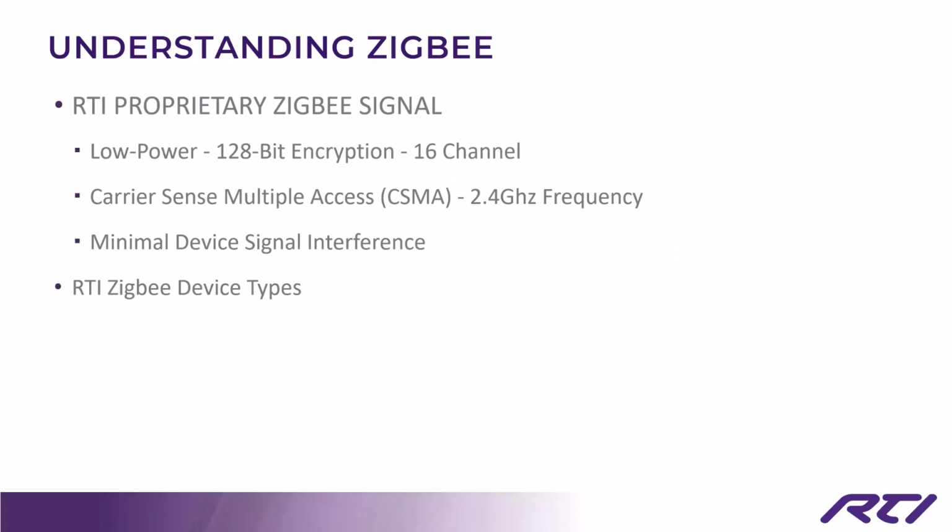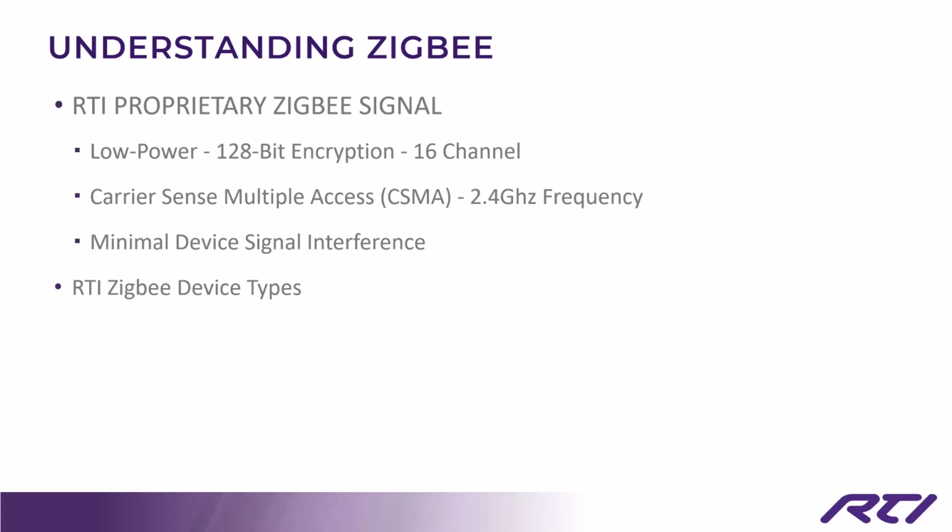Now, with Zigbee itself and how it pertains to RTI, RTI does use a proprietary Zigbee signal between the XP processors and the remote controls. This signal uses a low-power 128-bit encryption network key that allows for a very fast but very secure response and communication method. It is also set on one of 16 channels and uses CSMA, otherwise known as Carrier Sense Multiple Access.